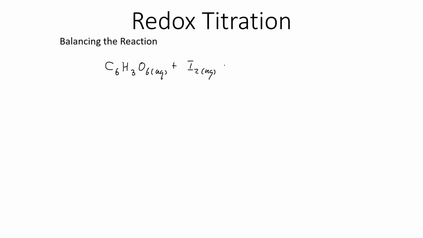That's our titrant. And we are making C6H6O6, which is aqueous, and we're going to get some iodide ions, also aqueous. So you need a balanced reaction to do the titration calculations. I'll set it up for you, but I won't do it for you.